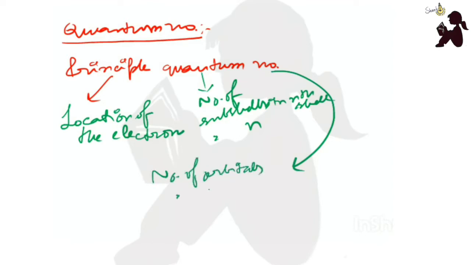What will that be? n square. The number of electrons in the nth shell will be 2n square. Okay. So that is our principal quantum number.